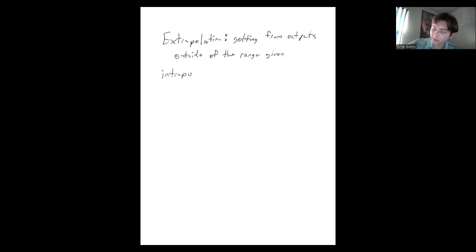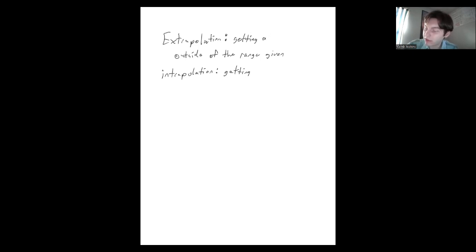Interpolation is getting data from inputs outside of the range given. Actually, this is meant to be inputs. So our data that we get would be outputs.